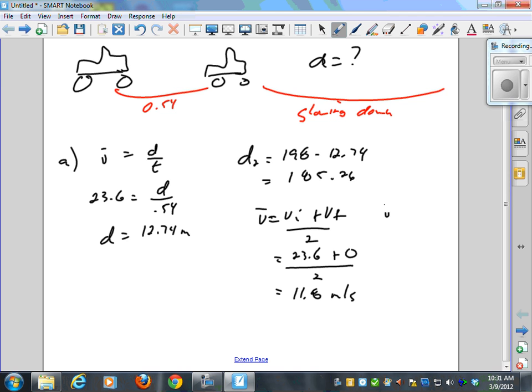And then you're going to go V bar is equal to D over T. 11.8 is equal to D over, now that D there is our 185.26. Solve for time. Yeah, 15.7 seconds. Okay, so that's part B.